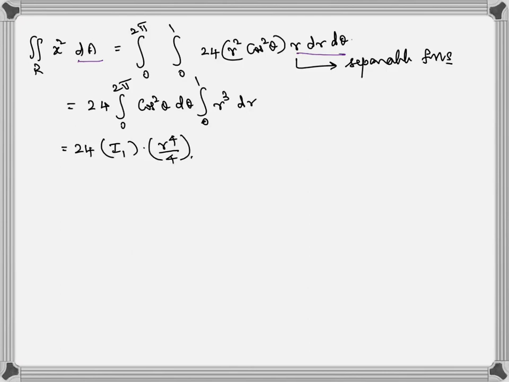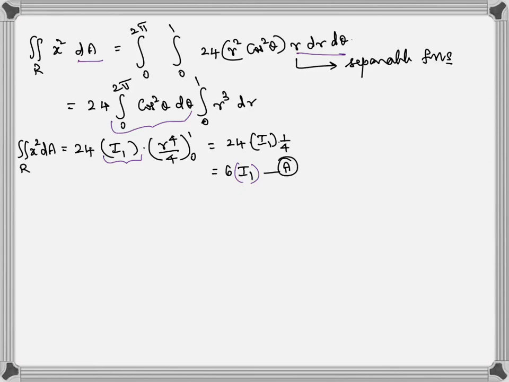The integral of cosine squared theta d theta times r to the power 4 over 4 between 0 and 1. So we get 24 times 1 over 4 times I1. So it is 6 I1. We'll evaluate I1 separately and plug it back into the step.